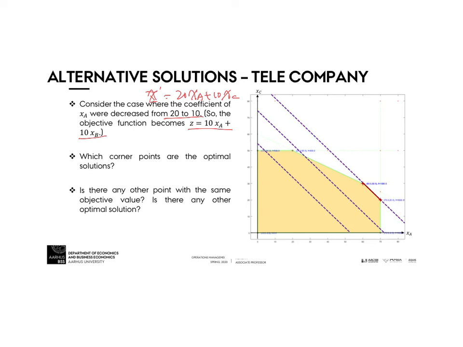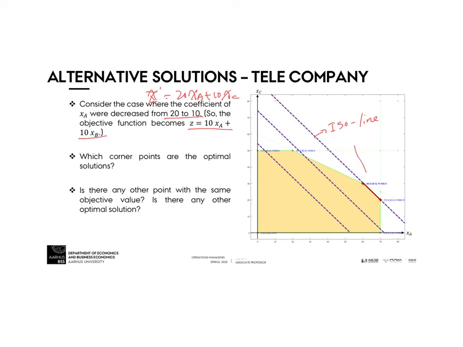Now the question is, what corner points are the optimal solutions? By changing the coefficient of decision variables, now you can see the slope of your objective function changes. Basically, now you have the new objective iso-line, which is flatter than the previous one.